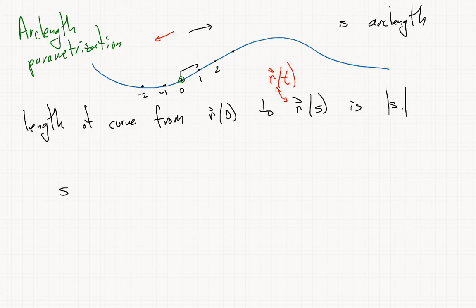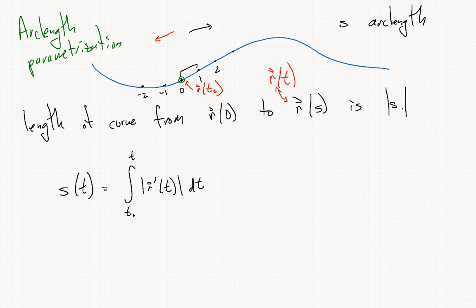But the formula for arc length as a function of t, just by our definitions, will be the integral from t0 to t of the length of r prime of t dt. So here t0 is chosen so that this point here is r of t0.